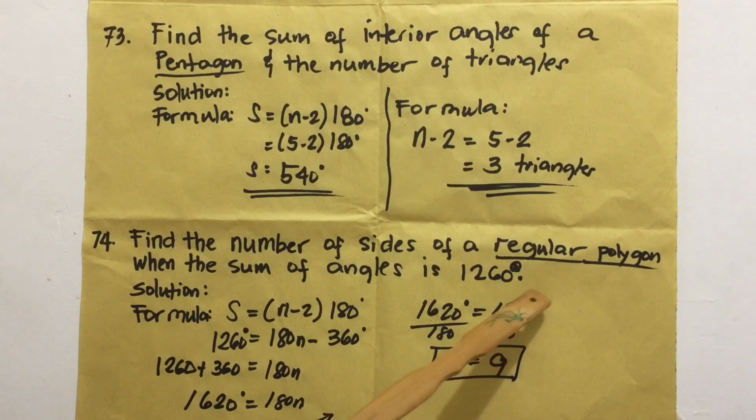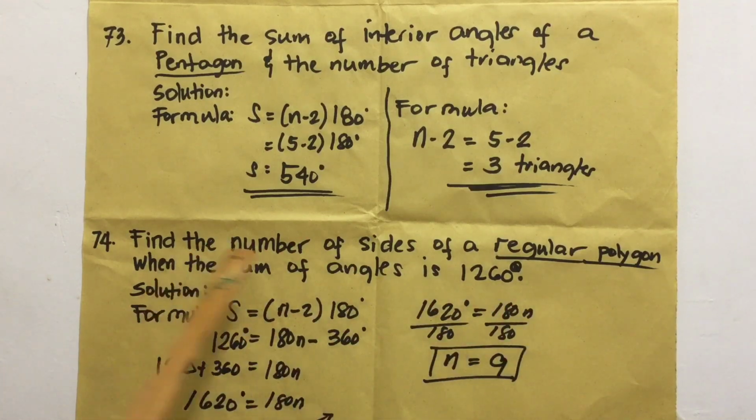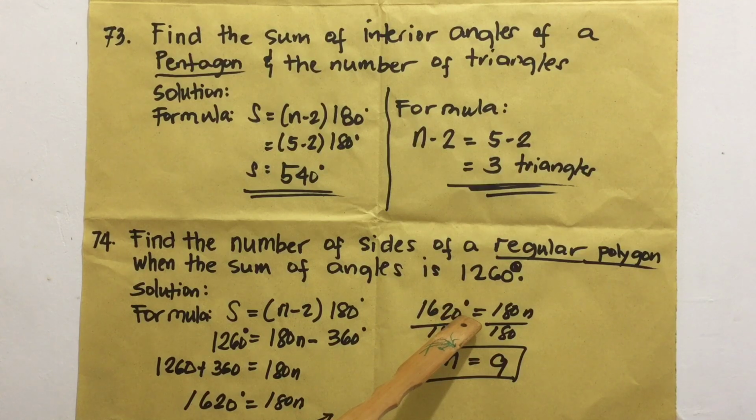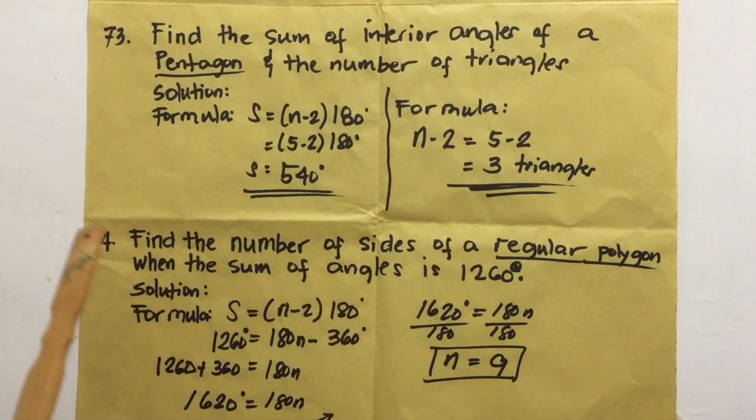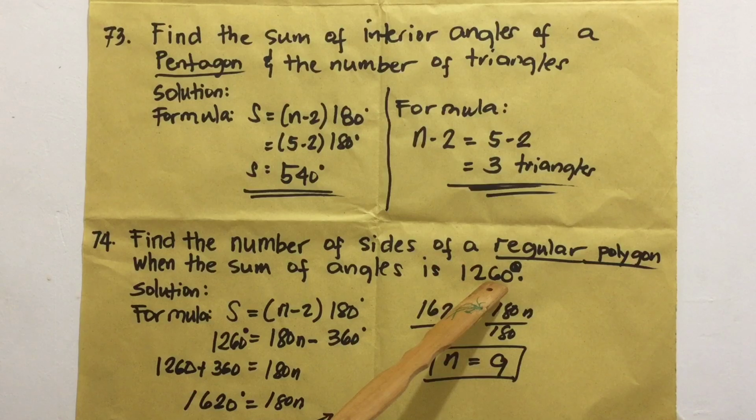Remember, n is the number of sides that we are looking for. So 1620 divided by 180 equals 9. So 9 sides is our answer for this 1260 degrees given sum of a certain polygon.